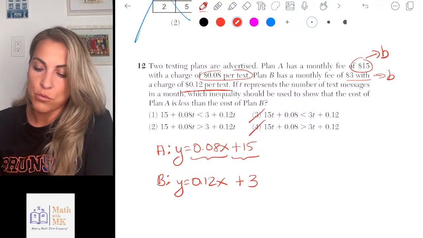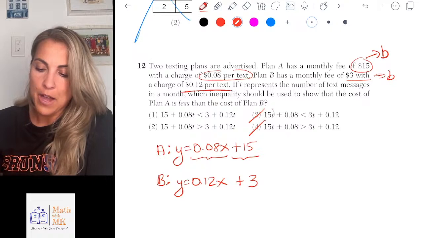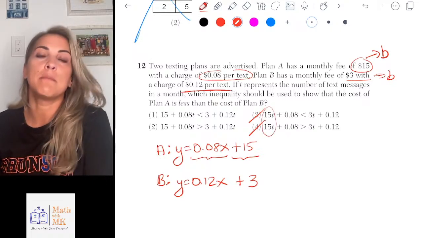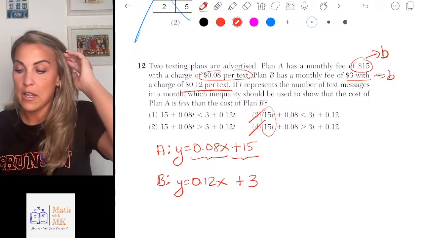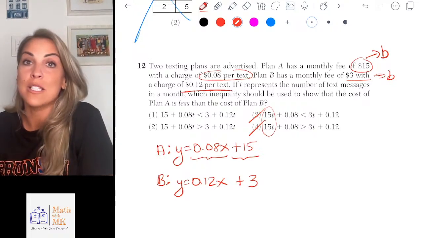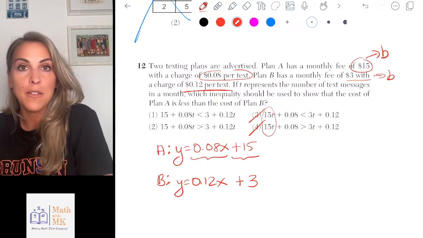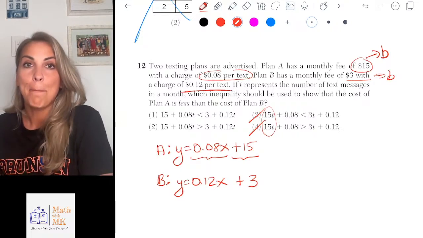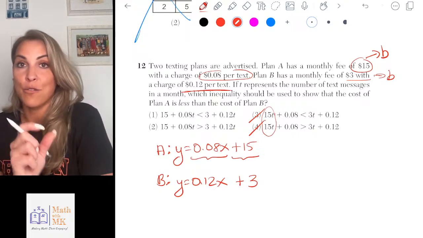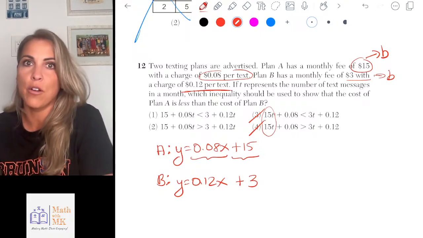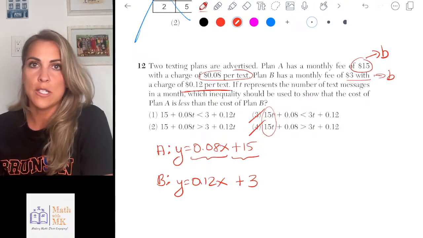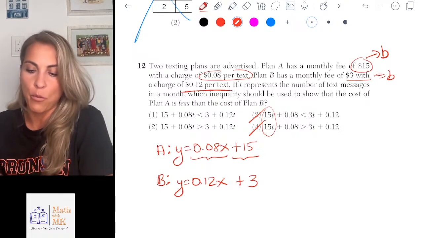And that's because in 3 and 4, I see that they've got the T, the number of texts, being multiplied by 15. So that's inaccurate because that would mean that each text message costs $15, right? You're multiplying the T, the number of text messages, by 15. So that says it's $15 for each text. And that's not correct because neither of the explanations of the plans told us that that's how much it costs. So 3 and 4 are out, all right?